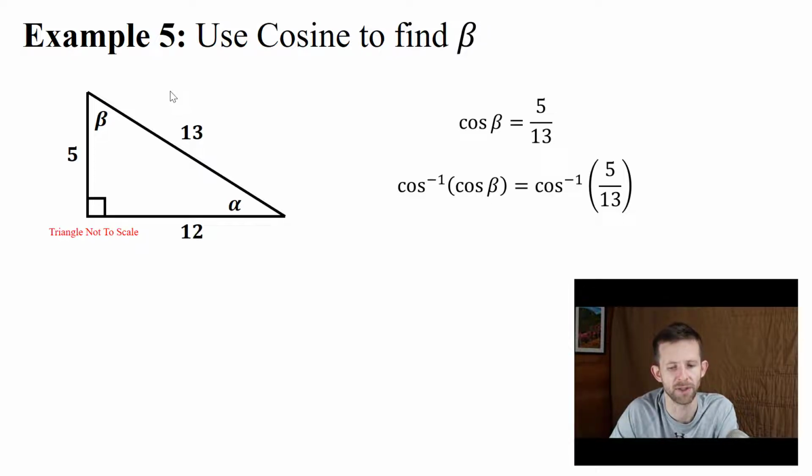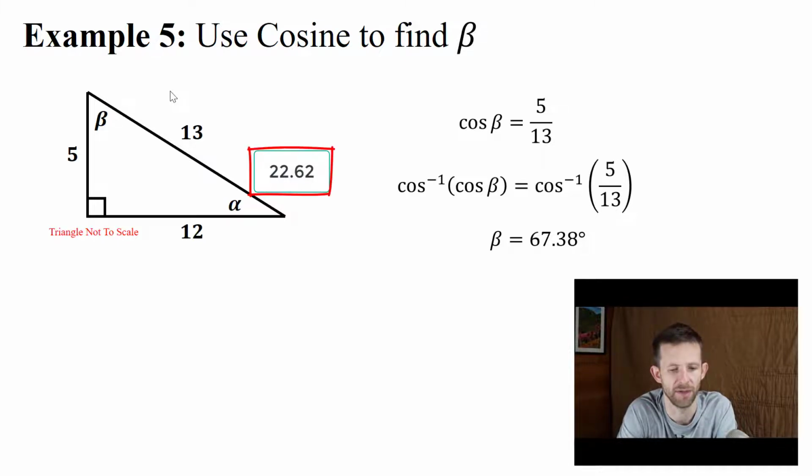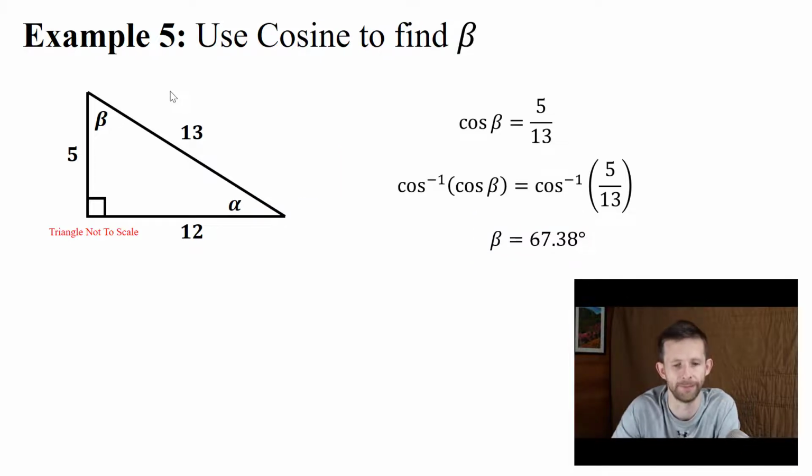And the inverse cosine of 5/13 is 67.38 degrees. Notice what I got last time, measure of angle alpha, and what I got this time, measure of angle beta, together add up to be 90 degrees, which makes sense because my third angle already is 90, and the sum of the degrees of a triangle adds up to 180.